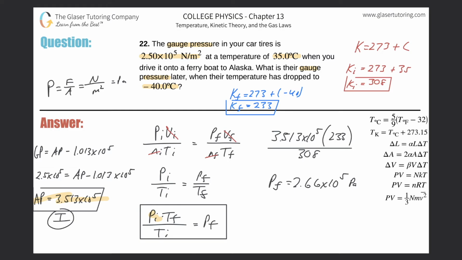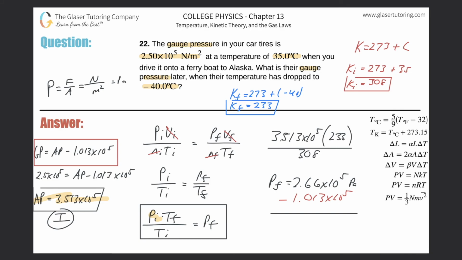They're the same thing. But remember, this is the absolute pressure. We have to find the gauge pressure. So remember, we have absolute pressure and we have to find gauge pressure. Let me go to this formula and put a little box around it so it stands out. All we have to do is subtract the pressure at sea level, which is 1.013 times 10 to the 5th. When we do that subtraction, we will get our answer.